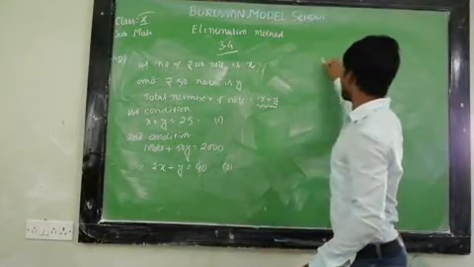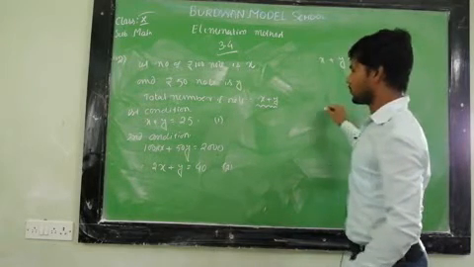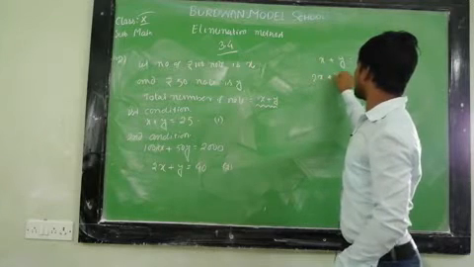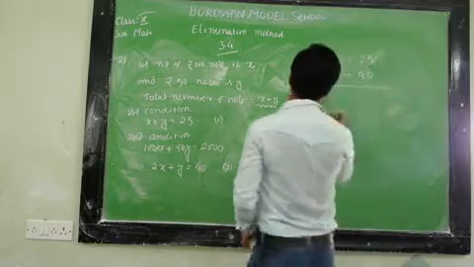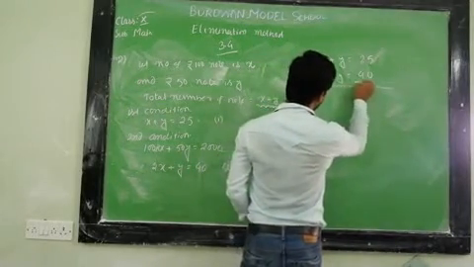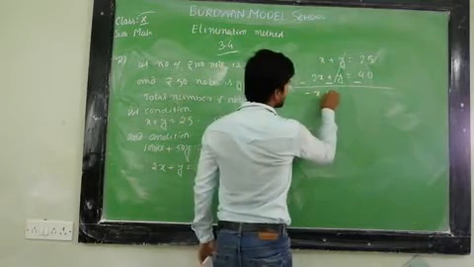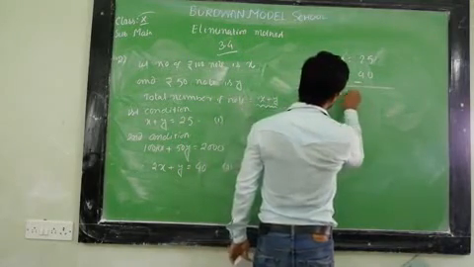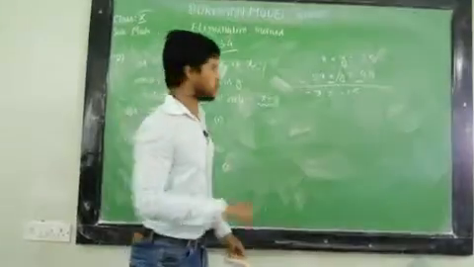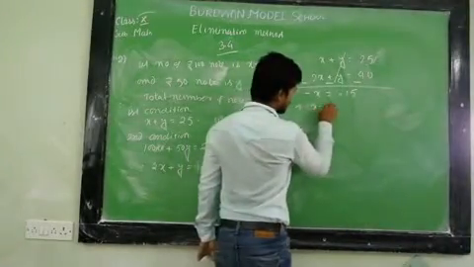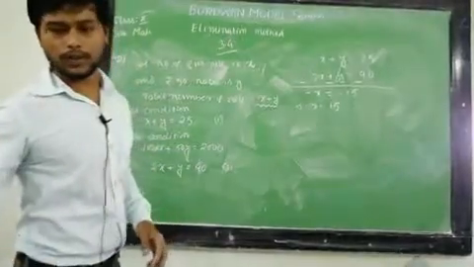Write them one by one: x plus y is equal to 25 and 2x plus y is equal to 40. Now subtract them, change the signs first. So plus y and minus y will cancel each other. That means minus x is equal to minus 15, means x will be equal to 15. That means the number of 100 rupee notes is 15.